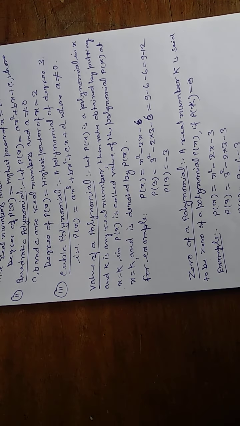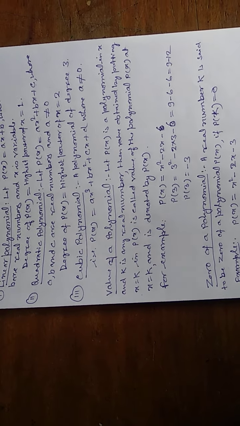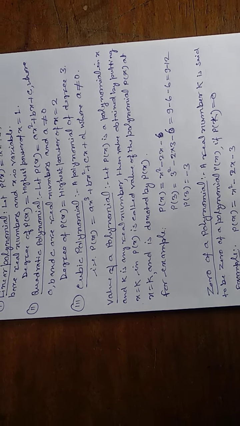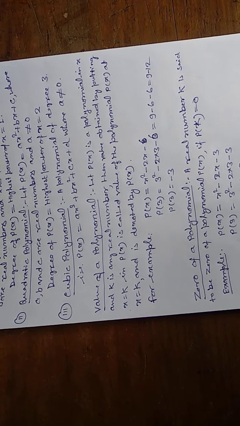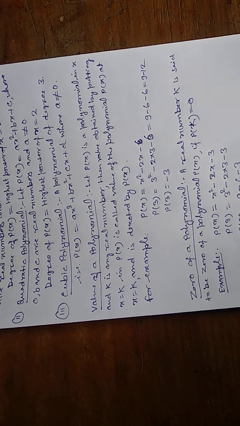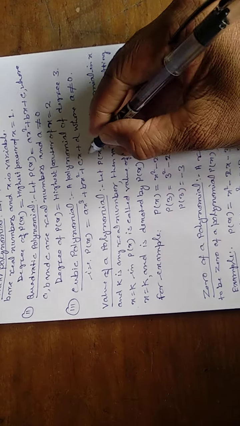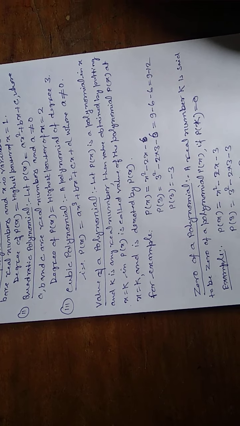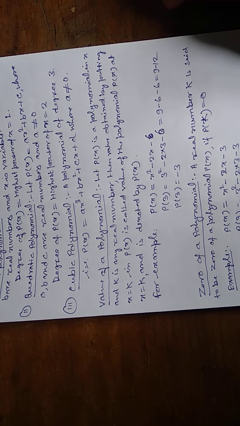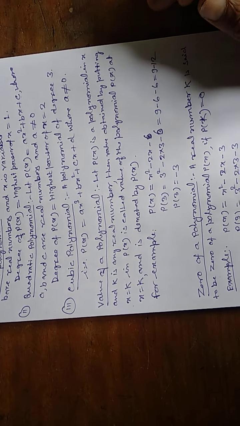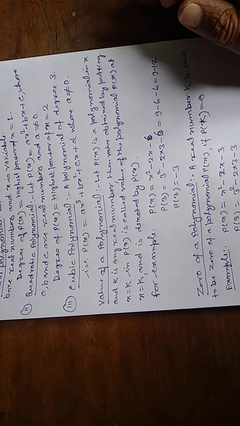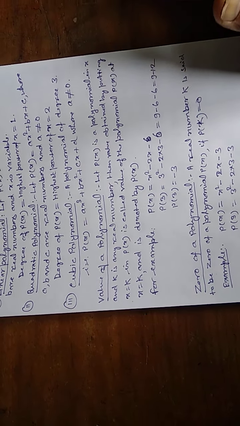A polynomial whose degree is 0 is a constant polynomial. For example, if you take 7, you can write 7 into x to the power 0. Therefore, the exponent of variable x is 0, therefore the degree of that polynomial is 0.